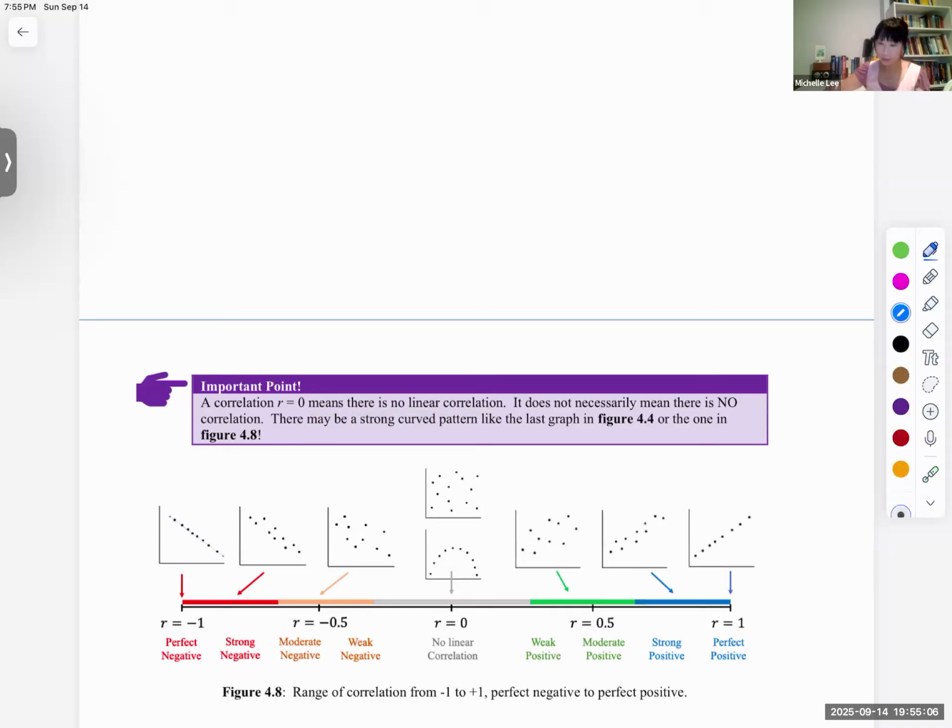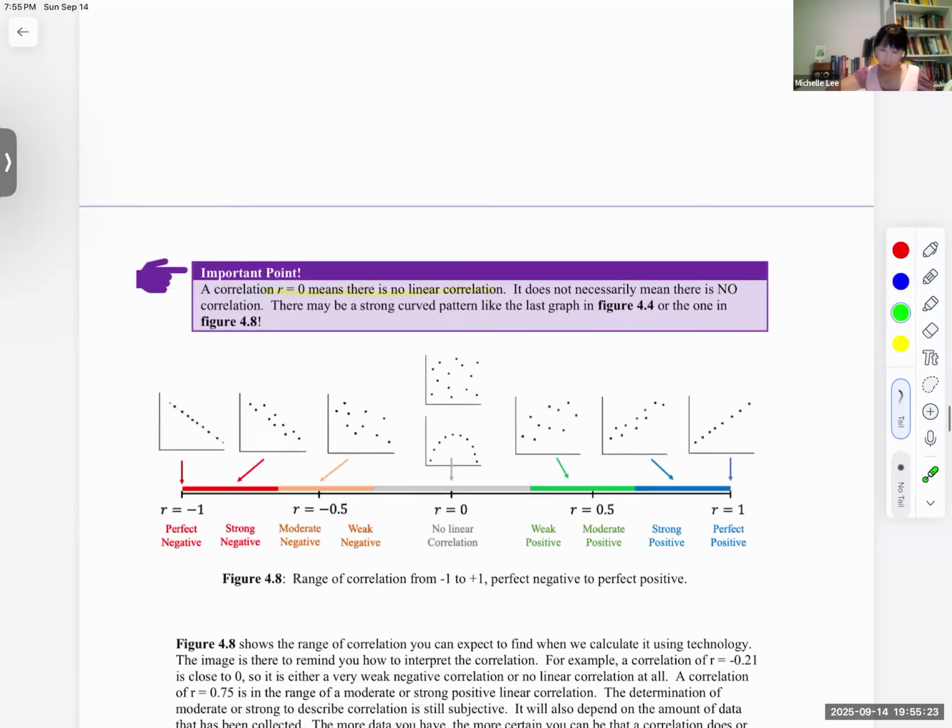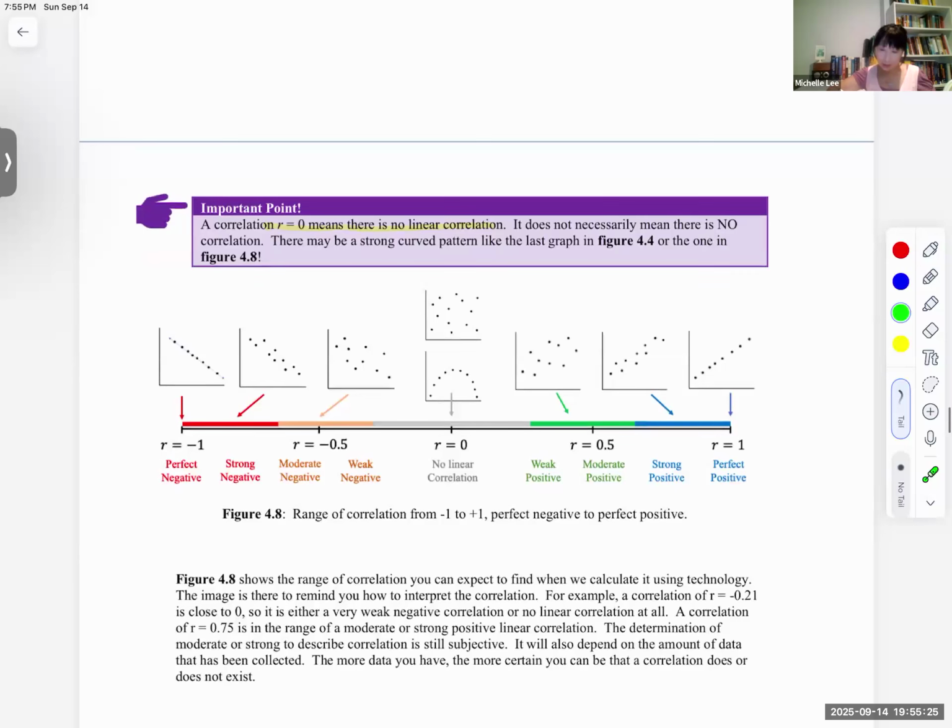Make sense? Yeah. All right. It's linear. They said it does not necessarily mean there is no correlation. And then with the picture, they nicely show us this part, when r equals zero, no linear, right? No linear.